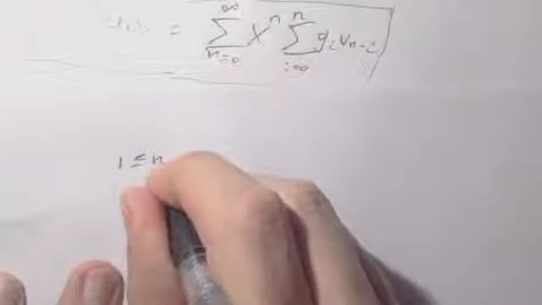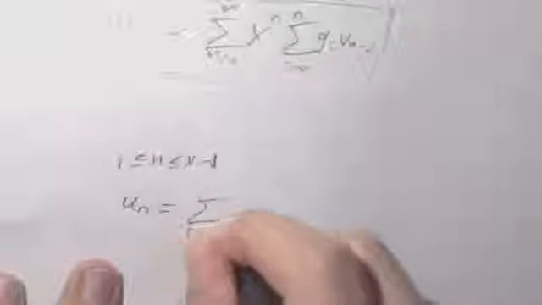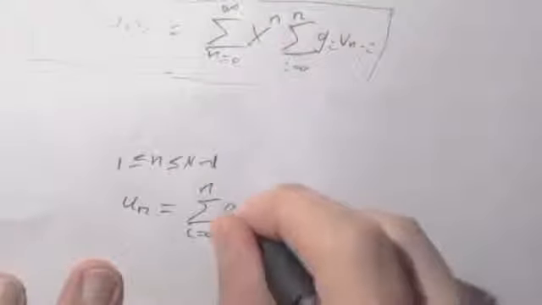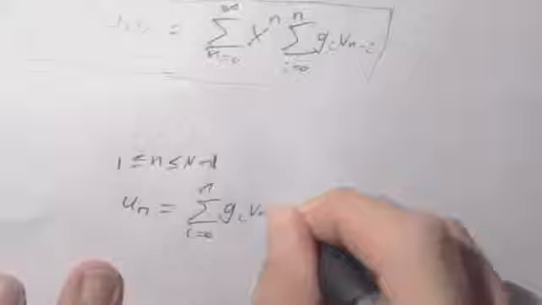If I want to know u_n, say I want to know some n for n in between 1 and N minus 1, these are the ones we're interested in. So u_n is going to be the coefficient of x to the n here, which is going to be the sum from i equals 0 to n of g_i v_(n minus i).